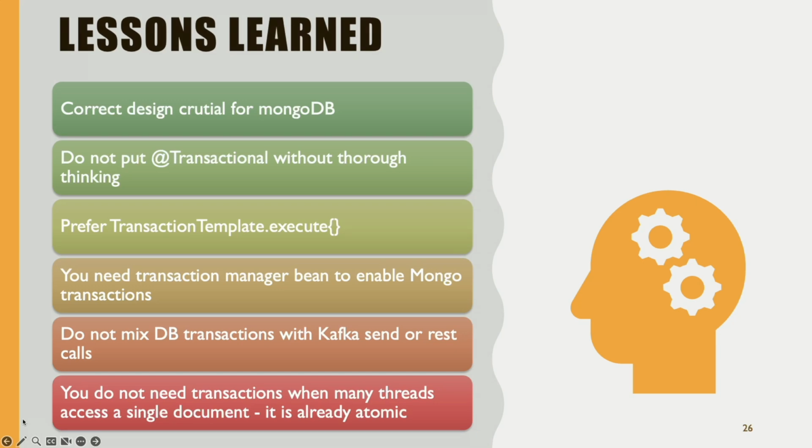So we have a couple of lessons learned, or some guidance that can help you with Mongo database, with Spring Boot especially. Correct design is crucial. Don't be afraid to put data that changes together in one object, because it should be performant, and you avoid the need for transactions and the problems of creating and supporting them.